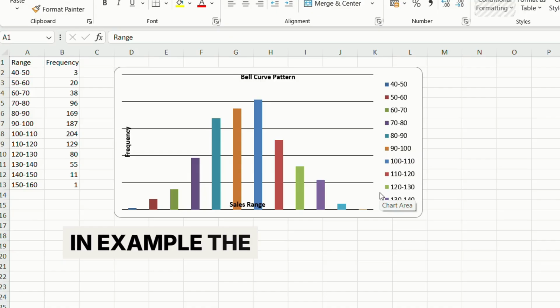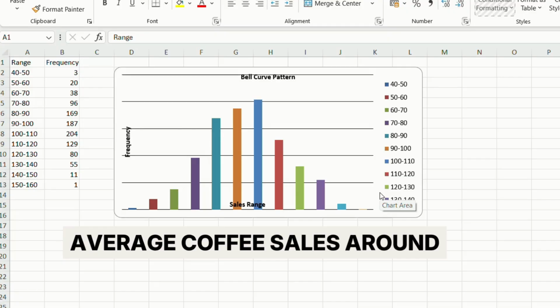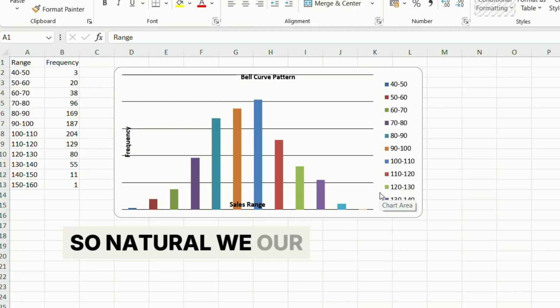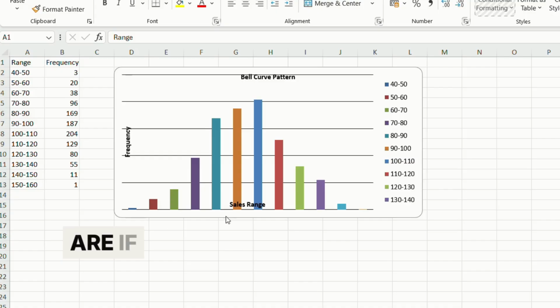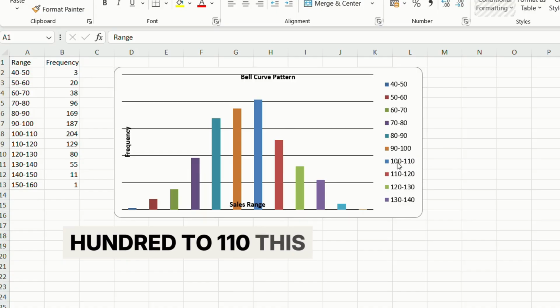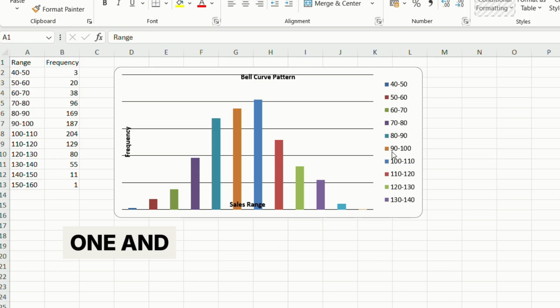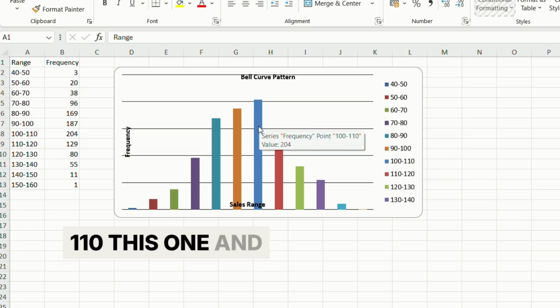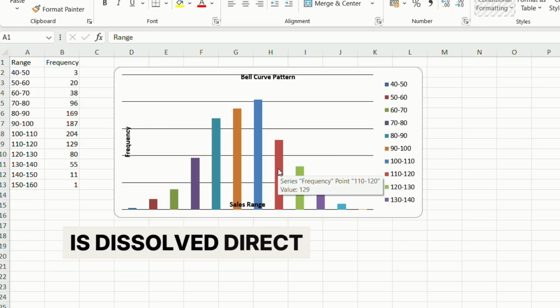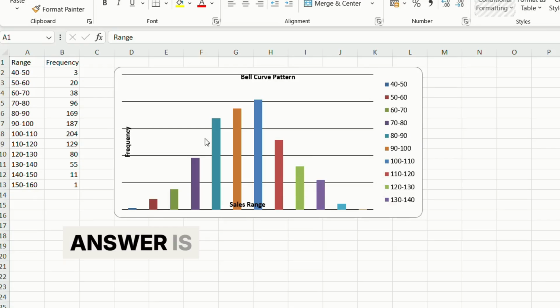In our example, the average coffee sales are around 100 cups per day. Naturally most of the values are, say, 90 to 100, 100 to 110, 110 to 120, and 80 to 90.